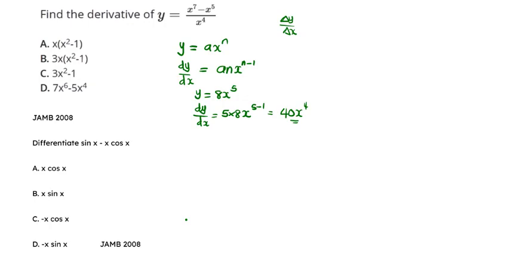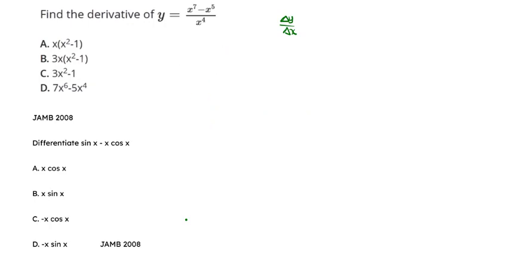Let's keep this in one corner: whenever we have y in the form of ax raised to power n, then dy/dx is anx raised to power n minus 1.